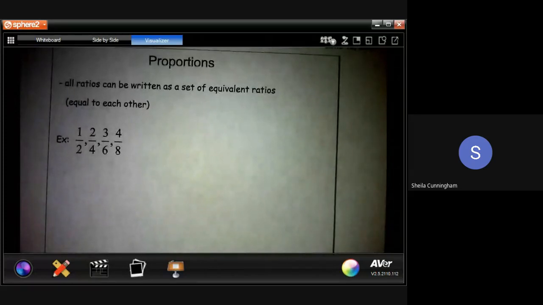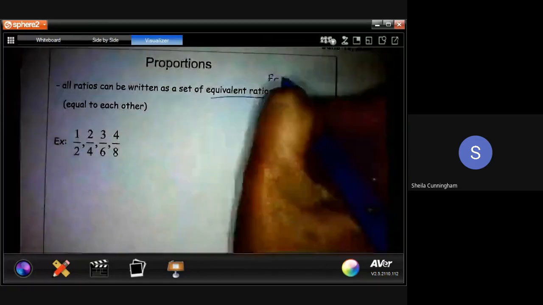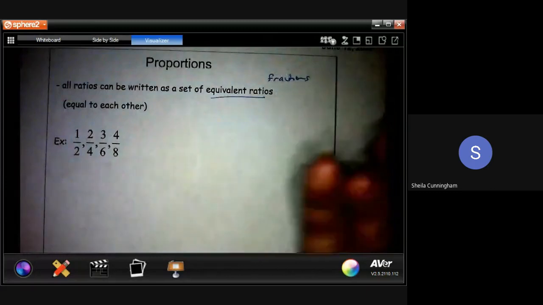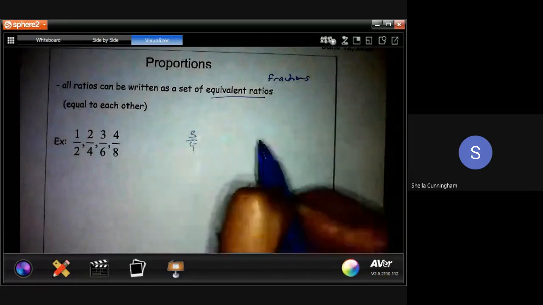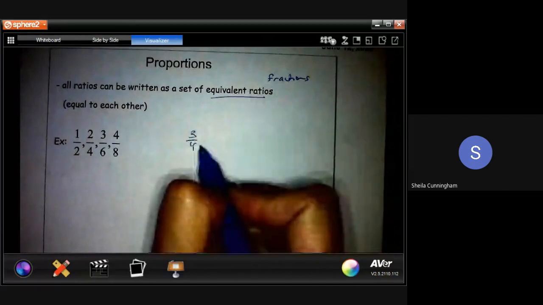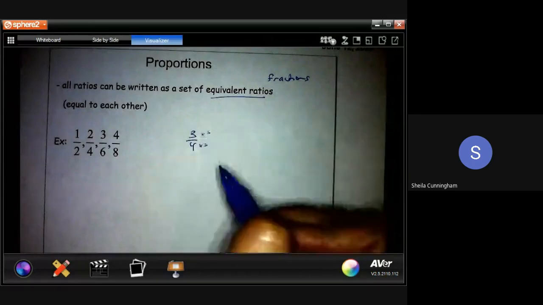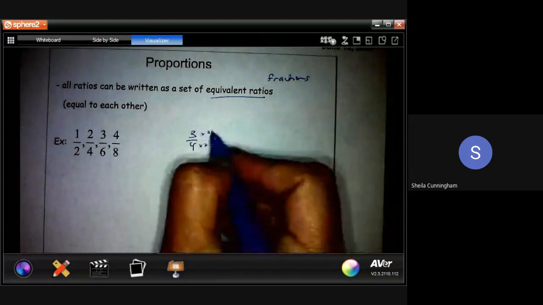Just want to remind you that when we look at equivalent ratios or equivalent fractions, that's the same thing, any fraction can be equivalent to another, provided that you are multiplying it by something top and bottom. You're multiplying it by a value, and it's the same value, top and bottom.